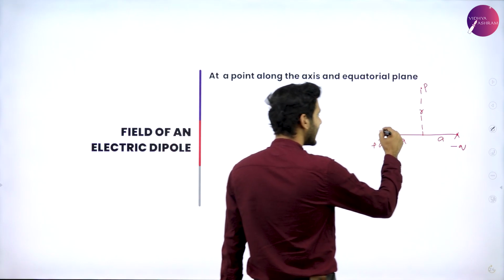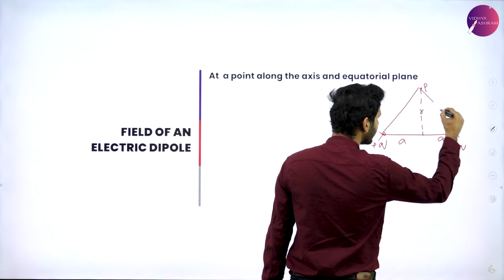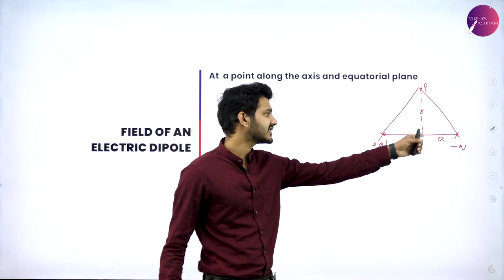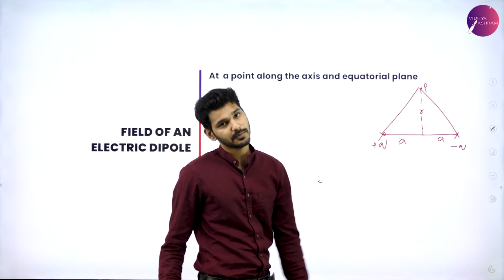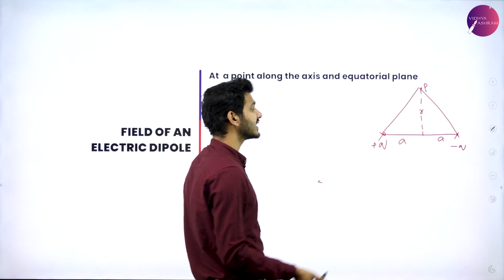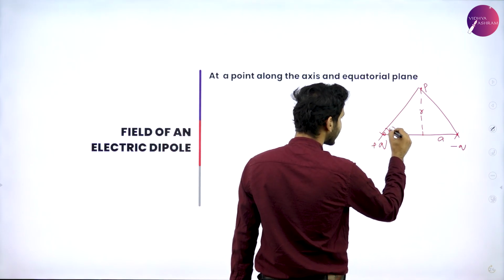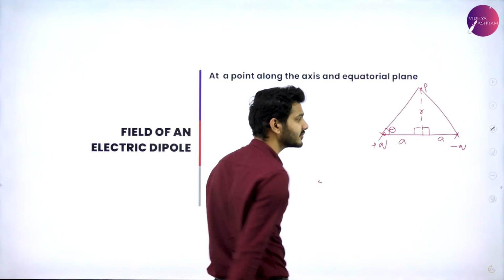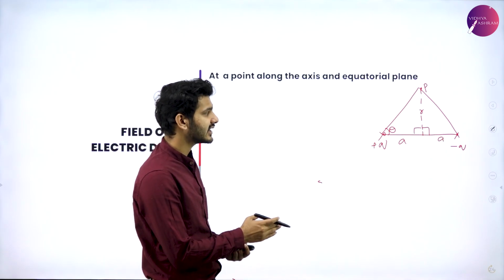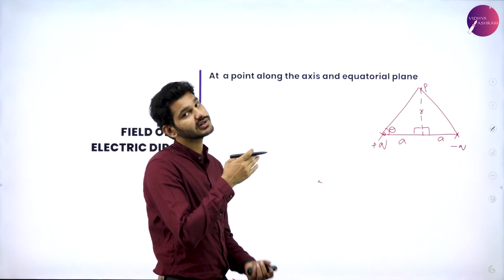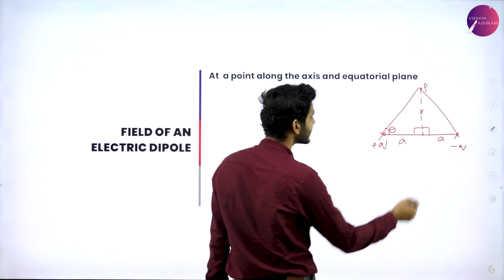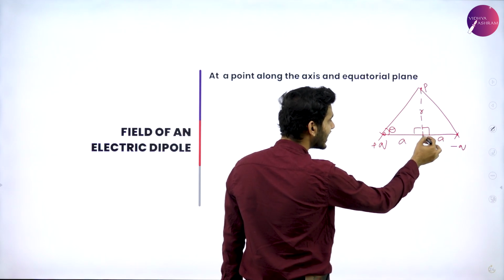So we can say that r is the distance from the center of the dipole to the point P. If this is the case, then there is an angle theta here, and here it is 90 degrees because it is perfectly at the center and it is normal to the dipole. So these angles are 90 degrees, and we know that this is r and this is a.